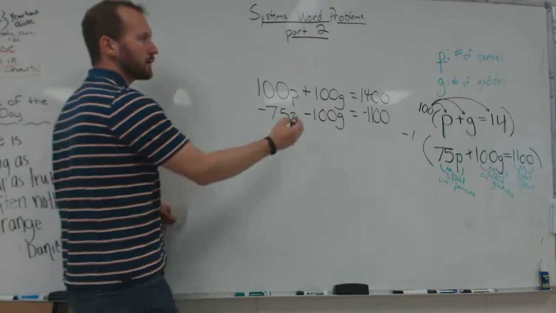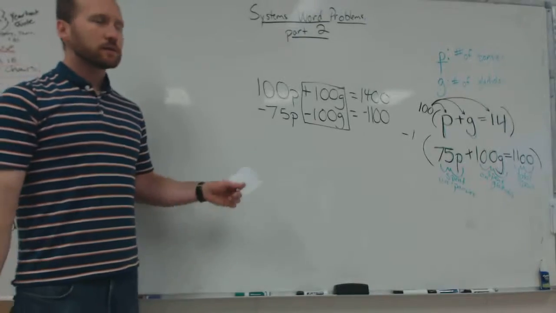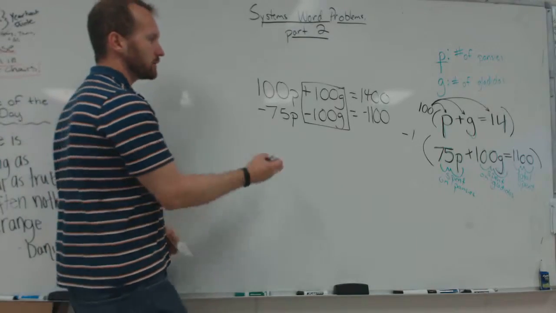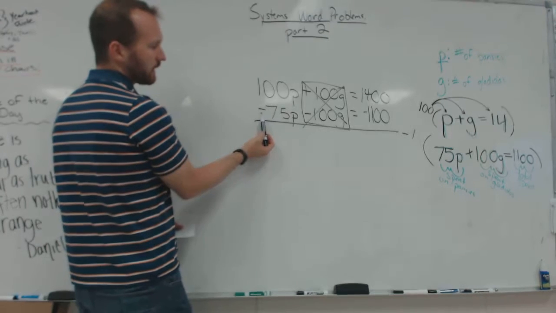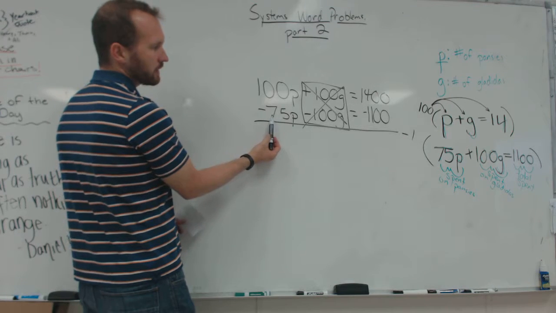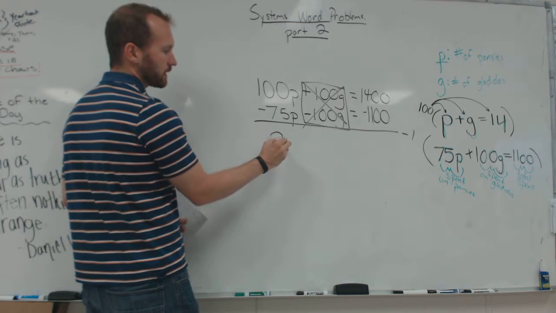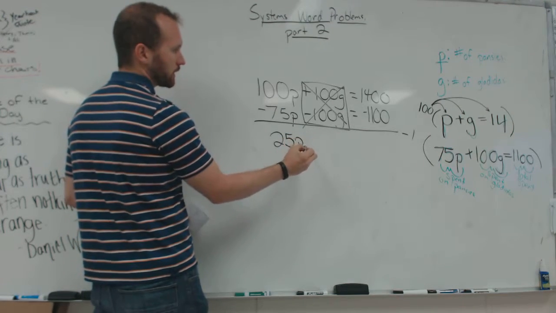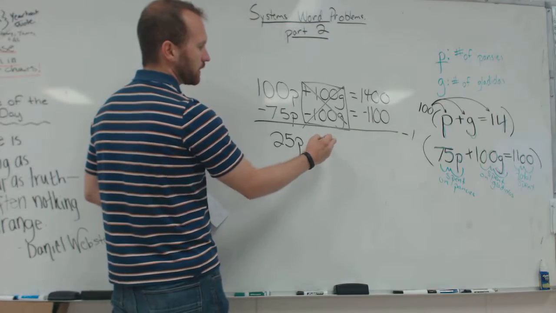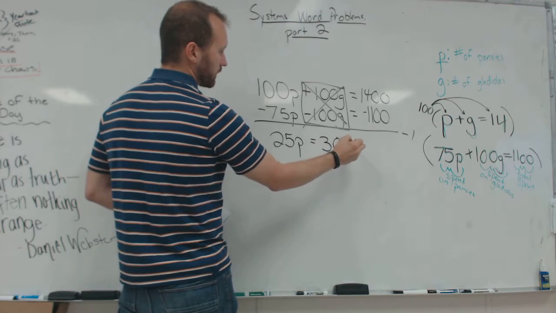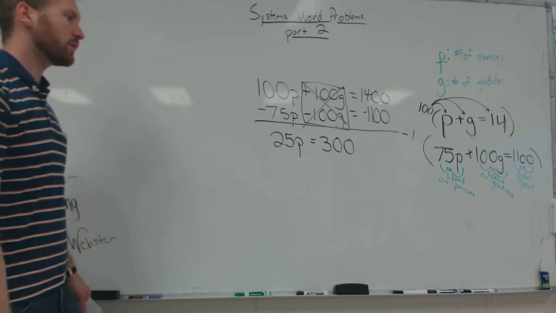Now the key thing that I have here is I have 100G minus 100G after I've multiplied. So when I add these two equations together, that will drop out. Boom. And the reason that I chose to make the bottom equation negative is so that I would have a positive answer. 100 minus 75 is going to give me 25P equals, and then 1,400 minus 1,100 gives me 300. So I'm just solving the system of equations.